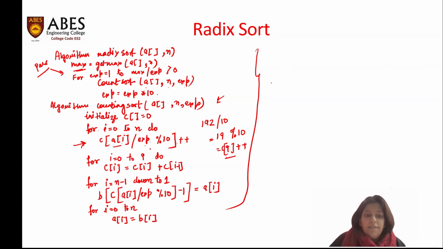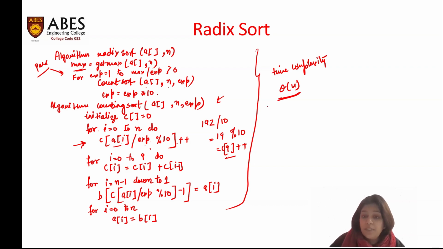Now, as we have seen, the time complexity of the counting sort algorithm was nothing but theta n. But here, what we are doing is actually repeating the counting sort algorithm for the maximum number of digits that are there in the input.